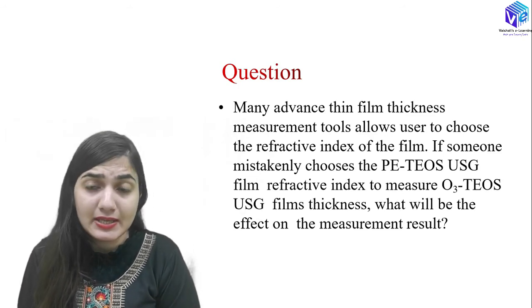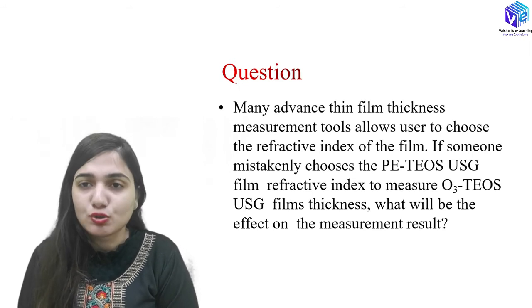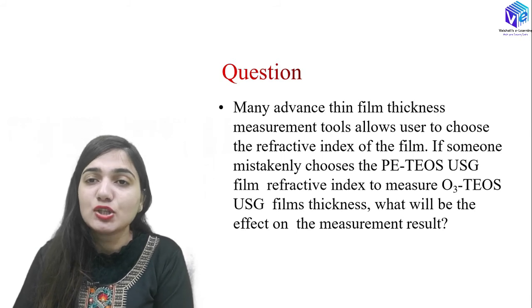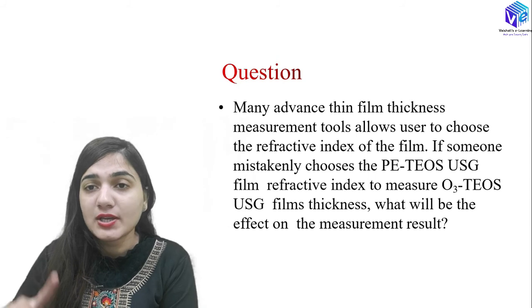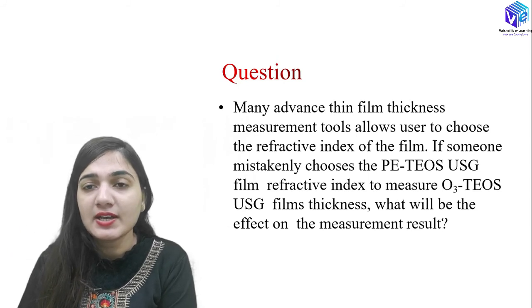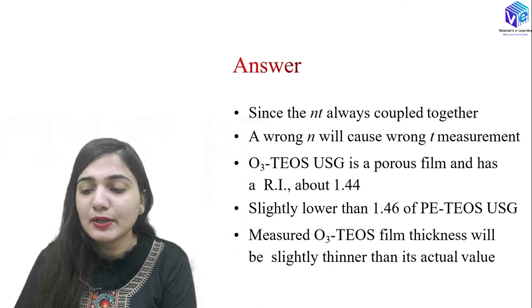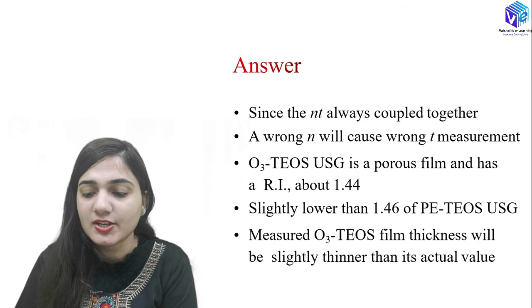If I make a mistake on the refractive index, the film thickness will not be the actual value. To measure the actual film thickness, I must know the actual refractive index. If I choose a different refractive index, the film thickness will be different. Since n and t are always coupled together, a wrong n will cause a wrong t measurement.